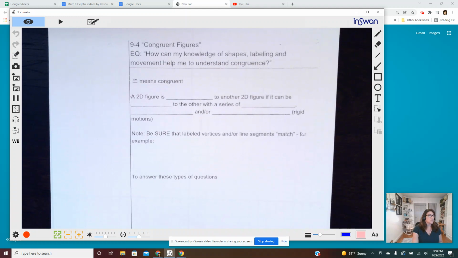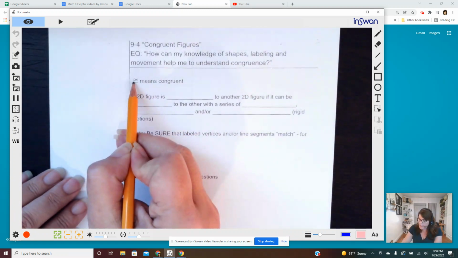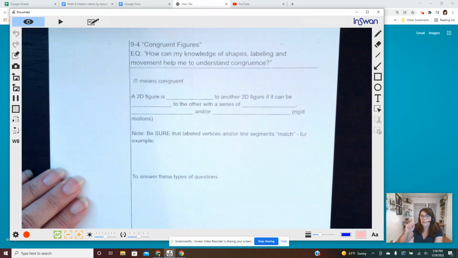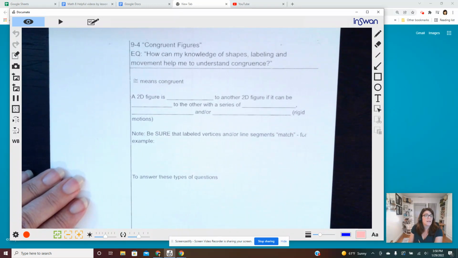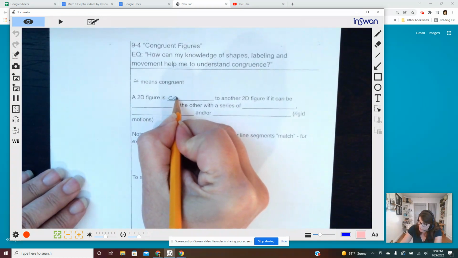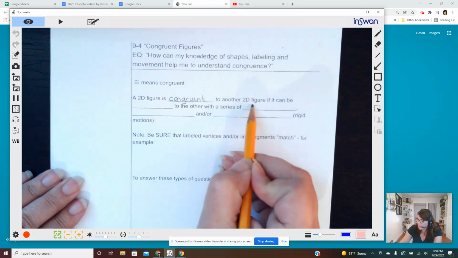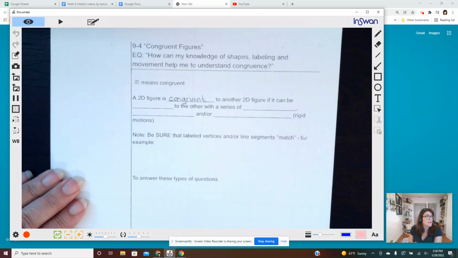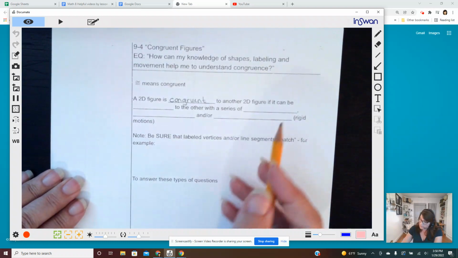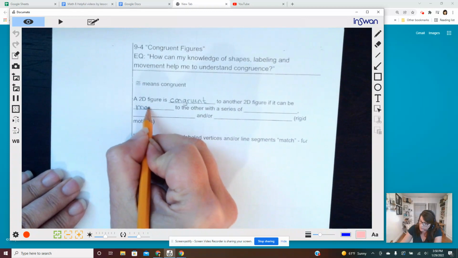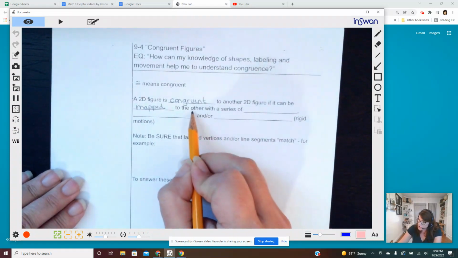Okay. So to start with, just a few definitions. First of all, an equal sign with a swirly line on the top means congruent. A two-dimensional figure is congruent to another 2D figure if it can be mapped to the other.